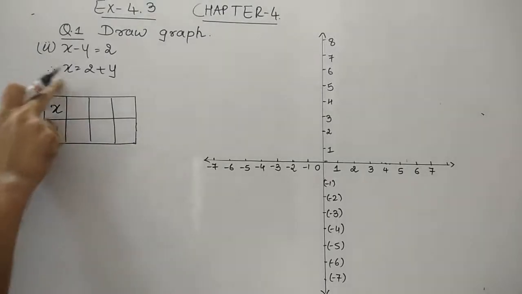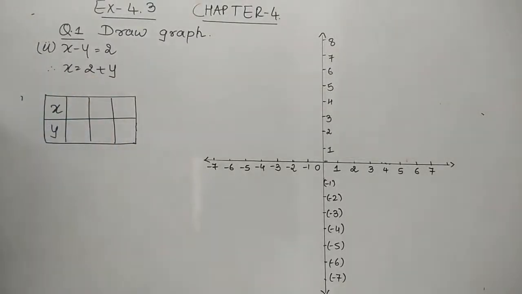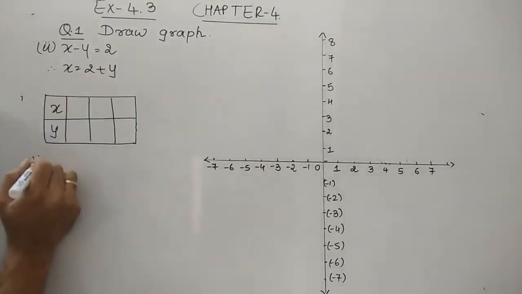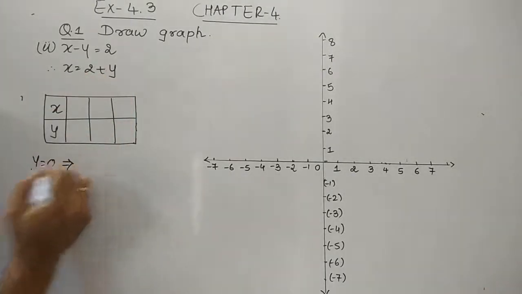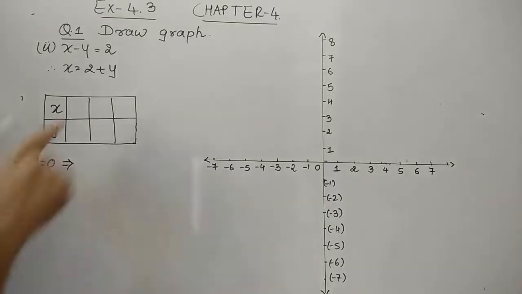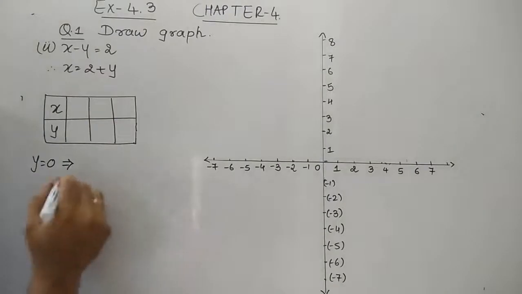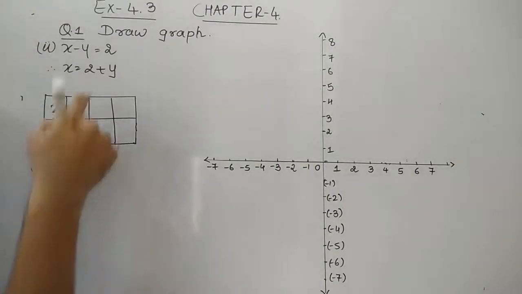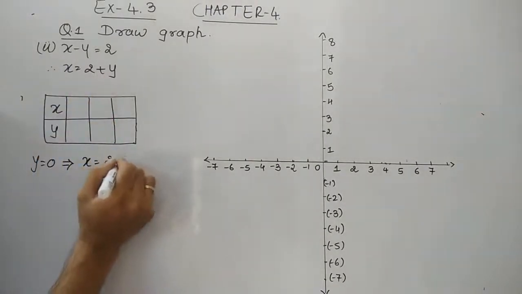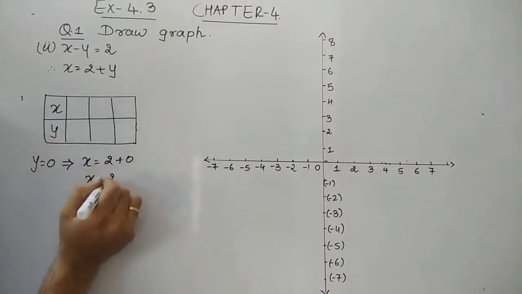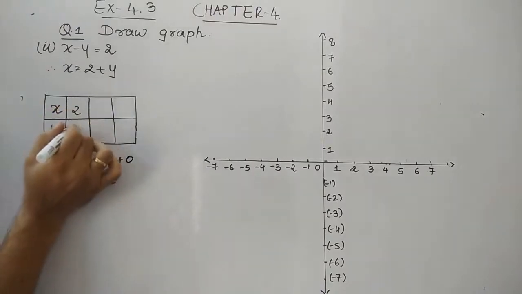Now x is the subject and y is the variable in the equation. So as we discussed earlier, for y we will suppose certain values. We will assume 3 values of y and obtain 3 values of x which are called solutions. So when we substitute y is 0 in this equation, we'll get x is 2. So the first solution is 2, 0.